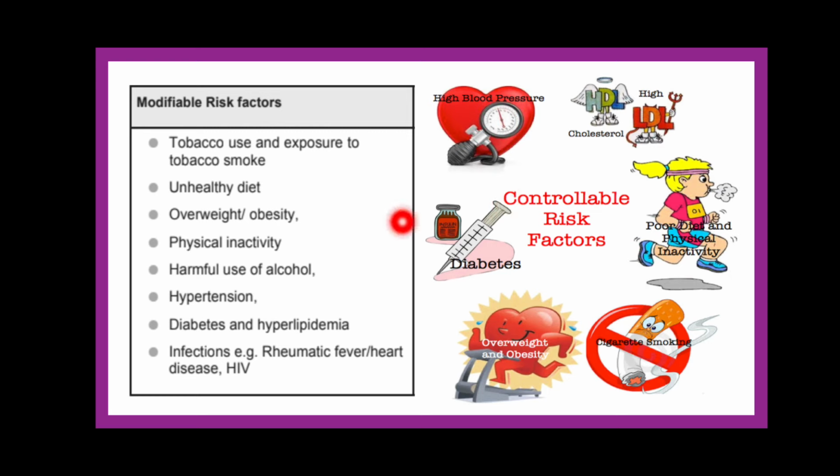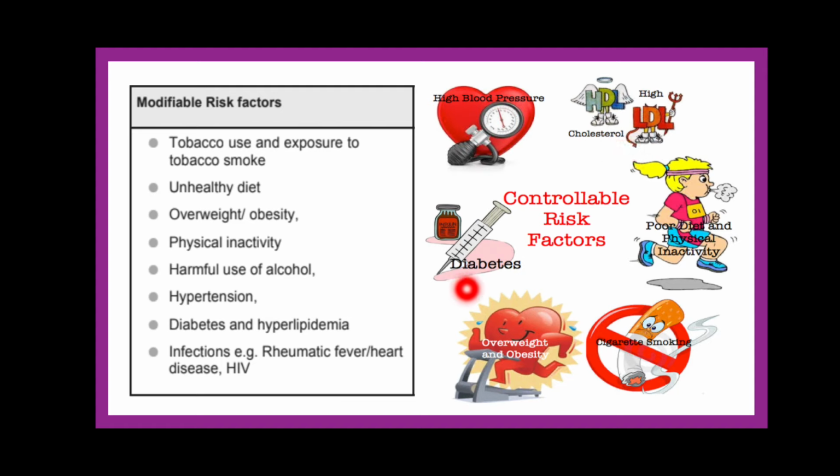That is the reason they are under the controllable or modifiable risk factors. Then use of alcohol and smoking, we can prevent that. Hypertension, high blood pressure, again we can control with the help of some medications or lifestyle changes. Then diabetes and hyperlipidemia, like high LDL, low density lipoprotein, high cholesterol.